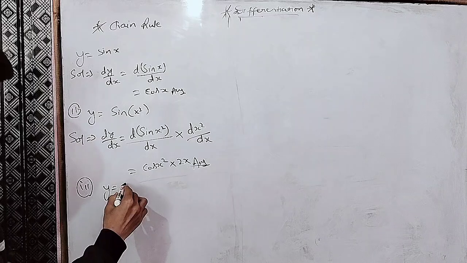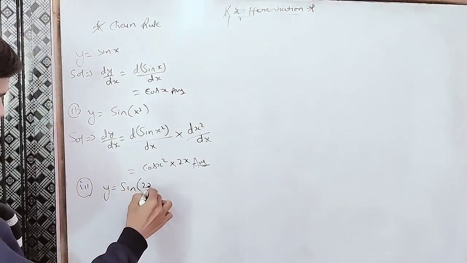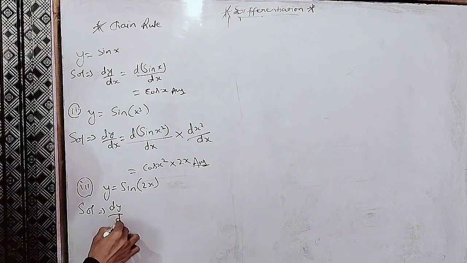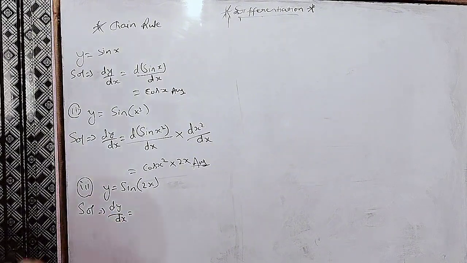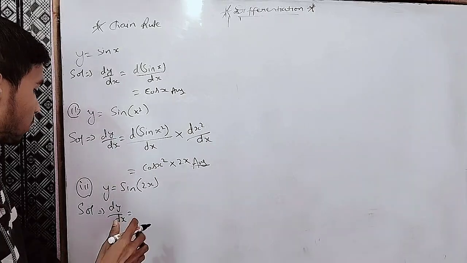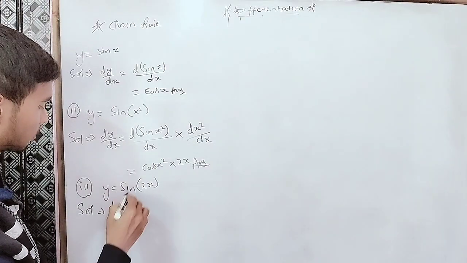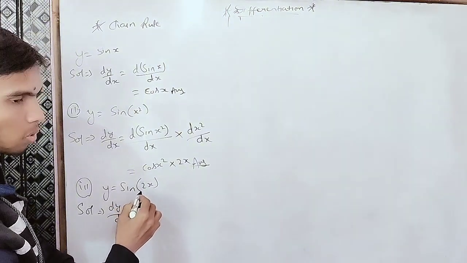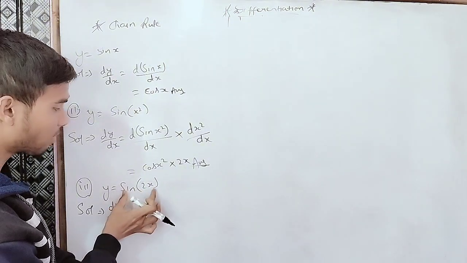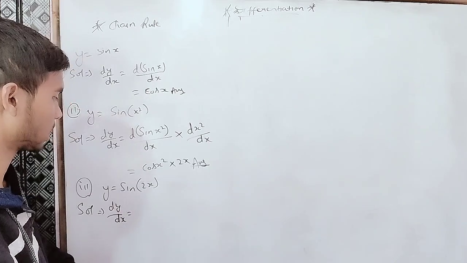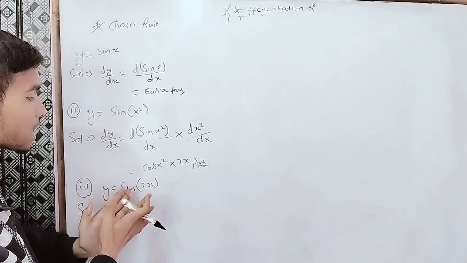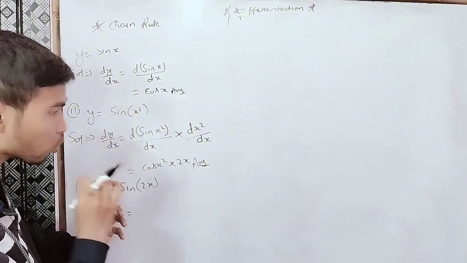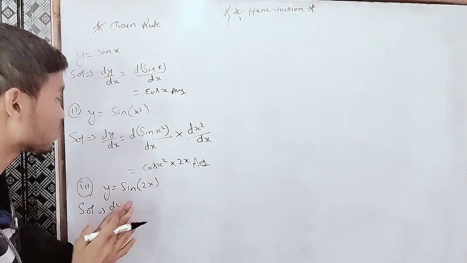Next we have y is equal to sin 2x, dy by dx. So here, first of all we have sin, then we have 2x, so you have two functions. You just have to identify where is one function and where is the second function.